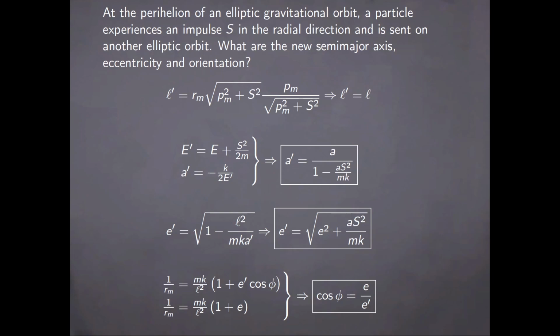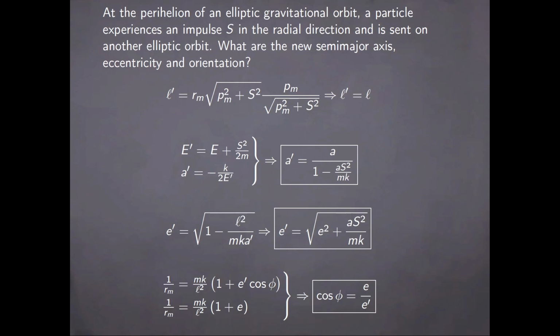And then knowing the definition of the value of the semi-major axis of the new orbit, we can immediately calculate the semi-major axis in terms of the old one as the quantity here. Furthermore, we also know the expression of the new eccentricity in terms of the angular momentum and the semi-major axis, so we can immediately write it in terms of the old one as follows from here.